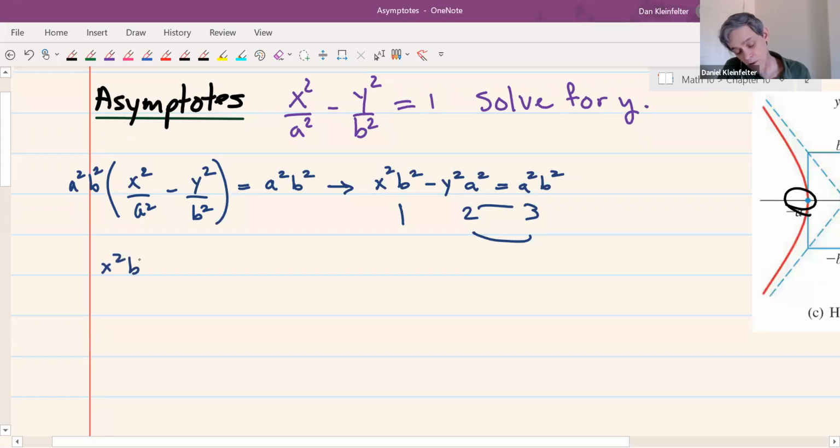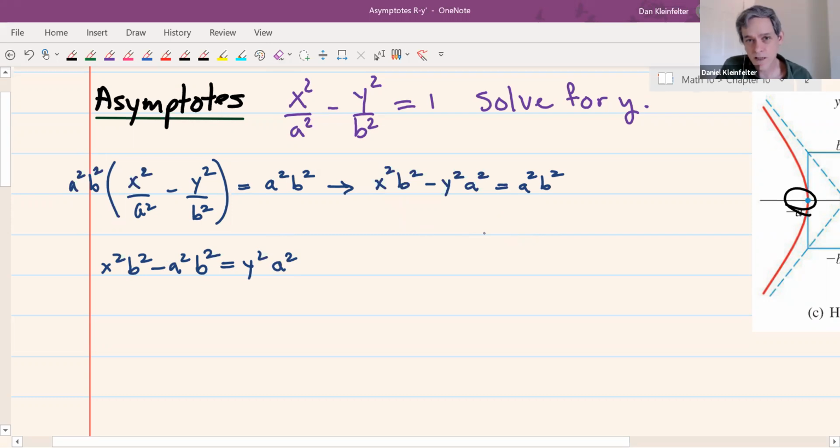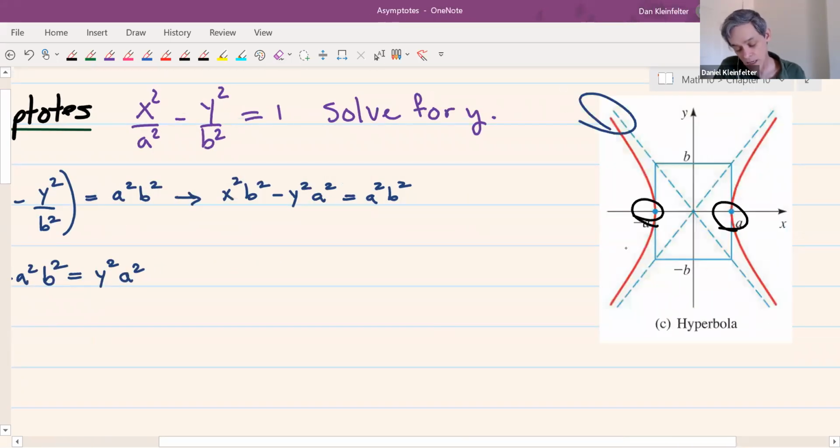So we'll have x squared b squared minus a squared b squared equals y squared a squared. Our goal here is to get y by itself. We're trying to solve for y. As far as why we're doing that, we'll see when we get to the end. But essentially, we are thinking about the asymptotes, so we want to know about the end behavior for this graph. What is happening to y as x gets big? That's where we want to know y.